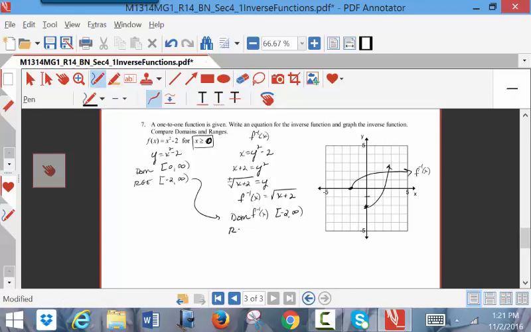The range of my inverse function would be the domain of my original. So it would have to be 0 to infinity. Now, looking at the graph of the inverse, is that correct? That domain is from -2 to infinity and that range is from 0 to infinity? Does it confirm? Yes, it does. Okay.